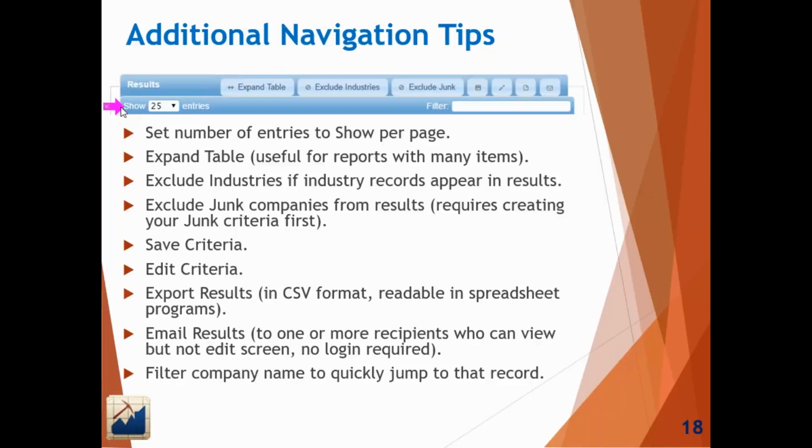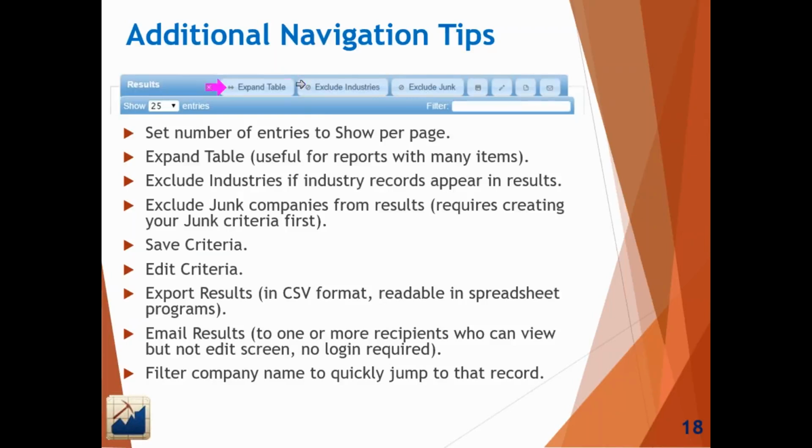The expand table allows you, if you've got a wide report set with a lot of columns, to expand the table a little bit and take up more of the horizontal width of your monitor, so that can be useful.